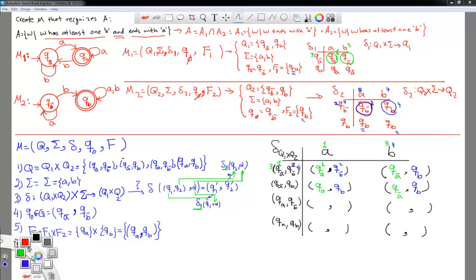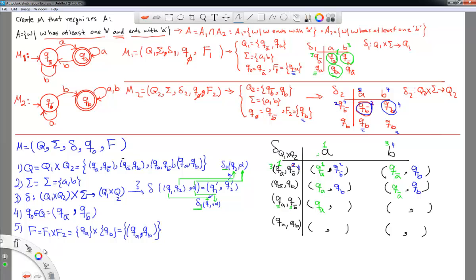Then again, we go to machine 1. What happens if machine 1 is in QA and it sees an A? If machine 1 is in QA and it sees an A, it's going to stay in QA. If machine 2 is in Q naught B, what happens if it sees an A?